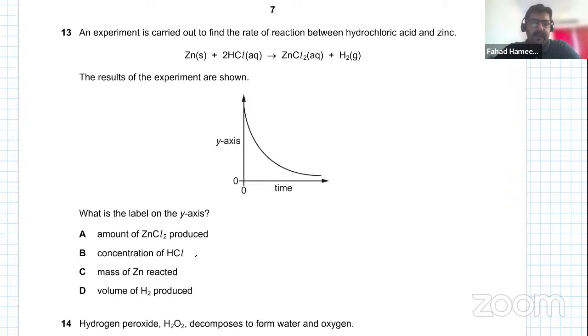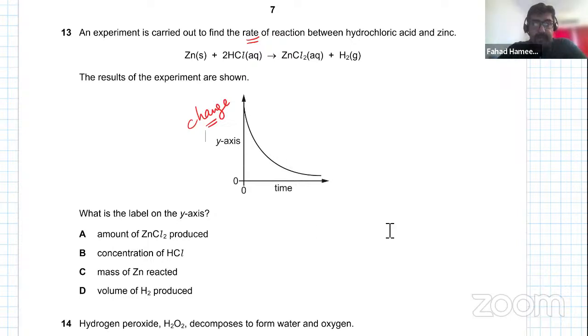Next one. An experiment is carried out to find the rate of reaction between HCl and zinc. The results of the experiment are shown. So there's a y-axis, and what is the label on the y-axis? Remember, whenever you measure the rate of a reaction, you're measuring some change and how quickly that change is happening with respect to time.